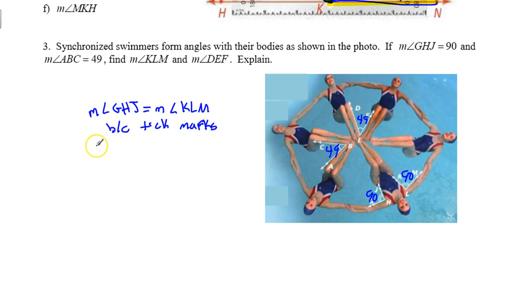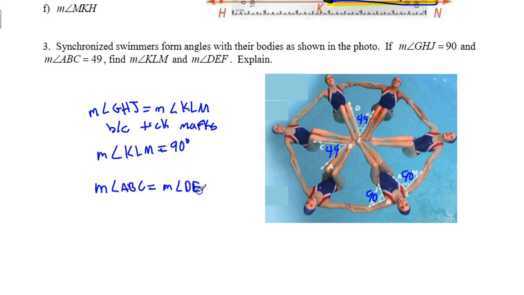So therefore, the measure of angle KLM is going to equal 90 degrees. And kind of the same thing on the other one: the measure of angle ABC equals the measure of angle DEF.